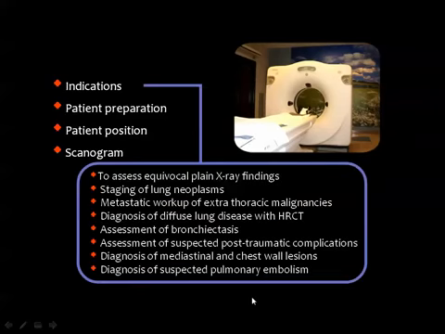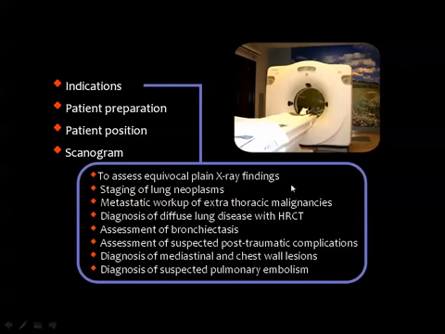Then in order to perform the CT scan or any radiological technique, there should be some real indications for this exam. Then these are the most common, as far as I know, indications for the use of CT scan in diagnosis of chest pathology.